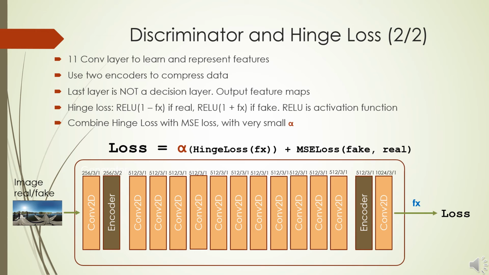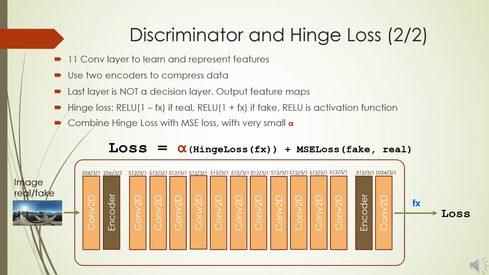And calculating the loss is quite simple. It uses a ReLU function, and basically it's just the ReLU of 1 minus fx if the input image is real, or the ReLU of 1 plus fx if it's fake. Even if it's simple, there's a theory behind it which explains how it can prevent the model from suffering from gradient explosion or gradient vanishing.